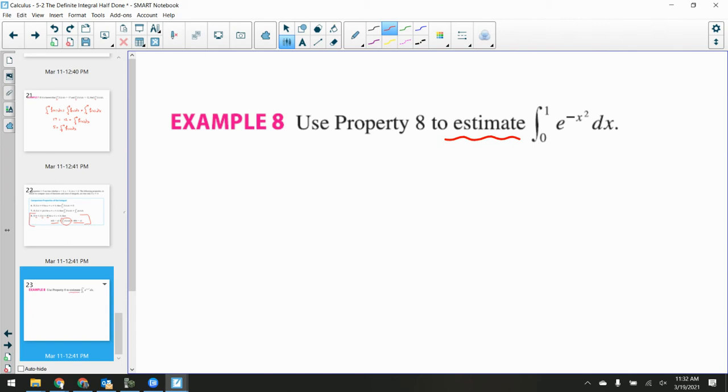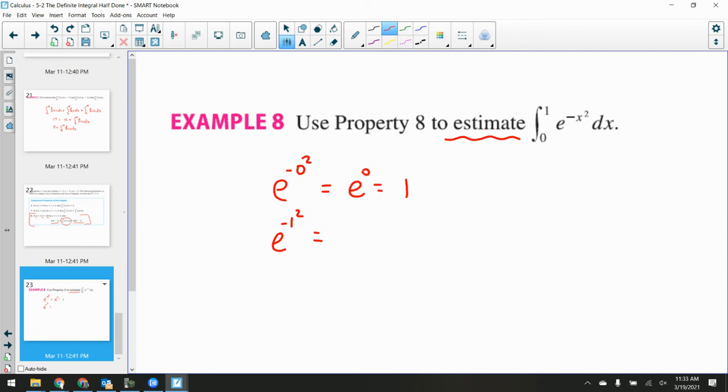Now to do so, we're going to plug in both endpoints, 0 and 1, and see what we get. Well, e to the 0, 0 squared would be 0, and negative 0 is just 0. So e to the 0 is just 1.